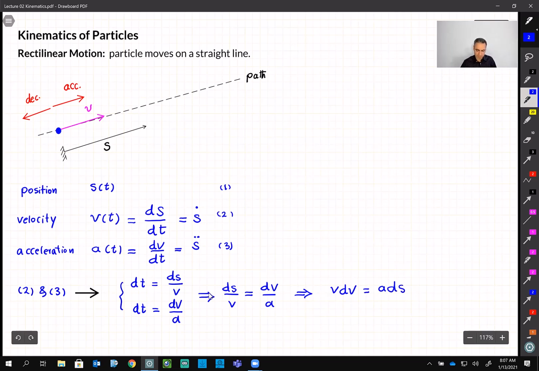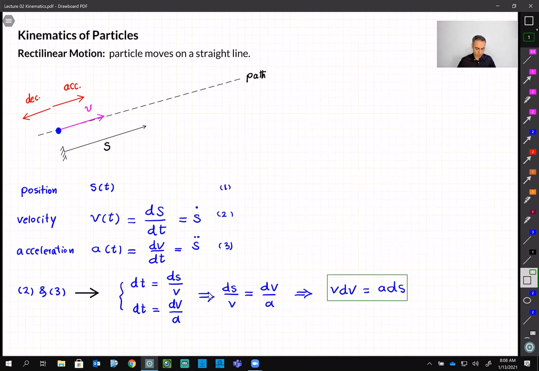All right, and this is a very useful relation between velocity, acceleration, and position. Something is unique about this relation. Look at the parameters that we have so far: we have time, we have s, which is position, we have velocity, and we have acceleration.